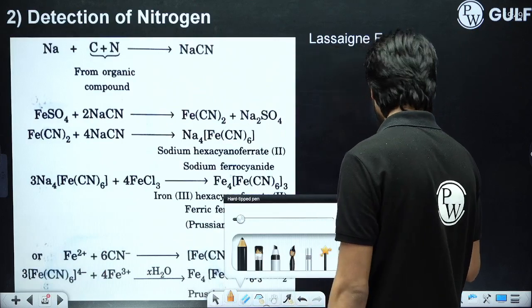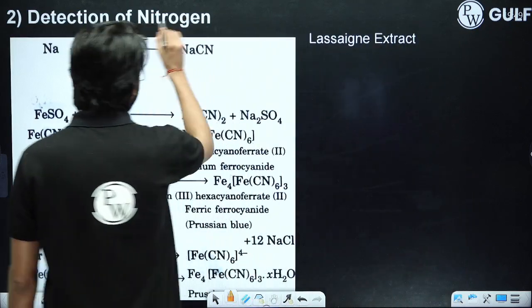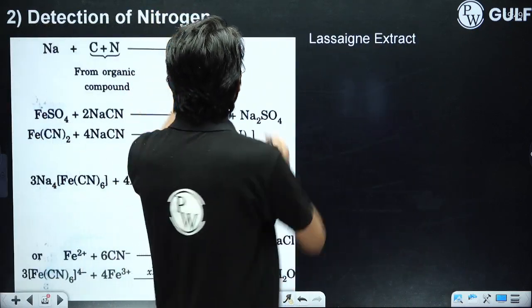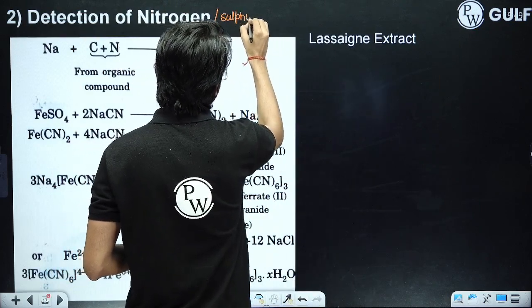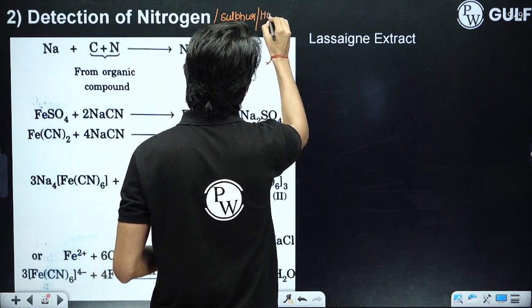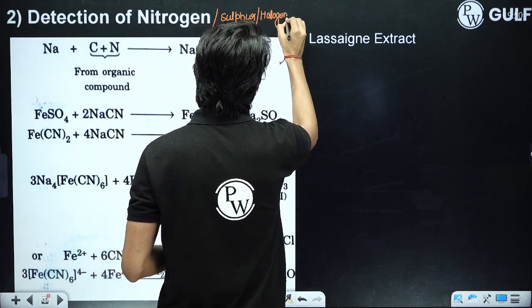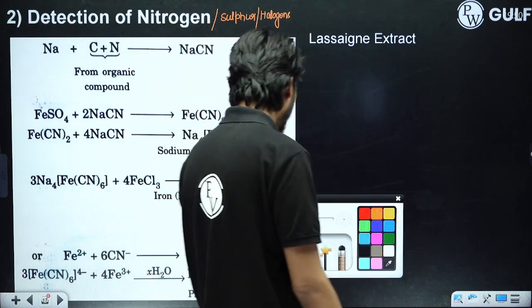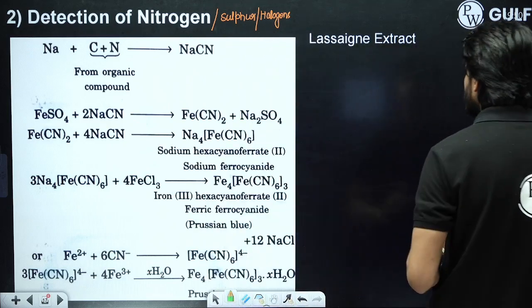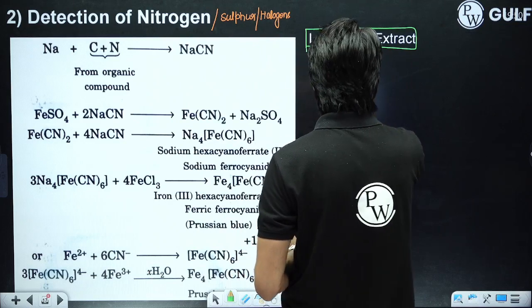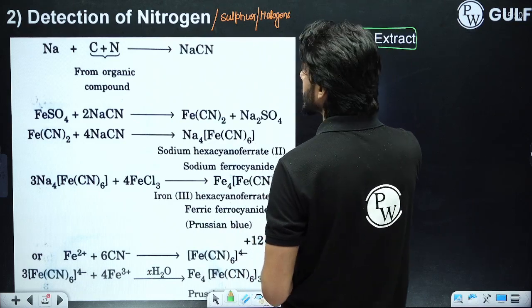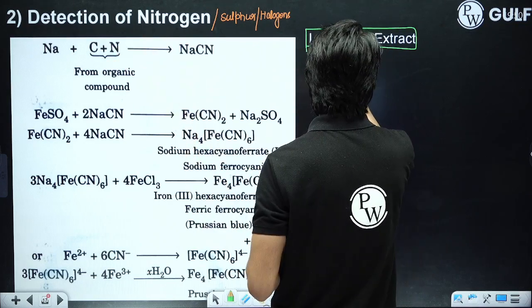Next, guys, detection of nitrogen. In detection of nitrogen, or in detection of sulfur or halogens too, we need one thing, which is the Lassaigne test, or Lassaigne extract. In this extract, we react the element from our organic compound with sodium.